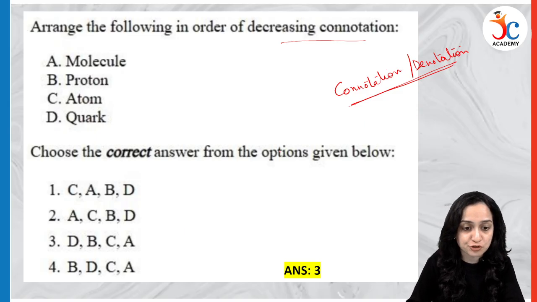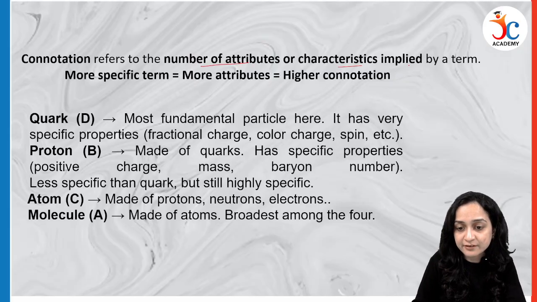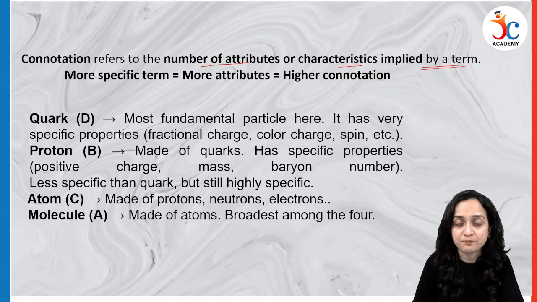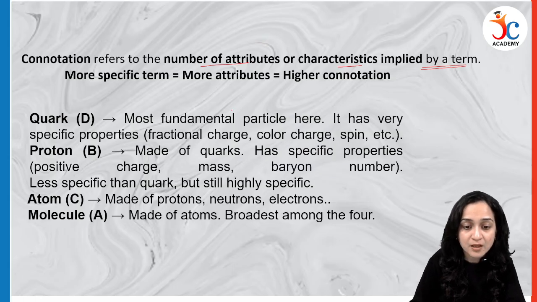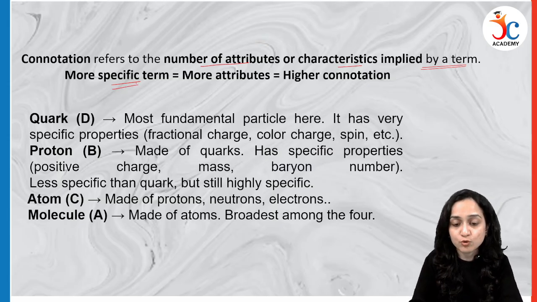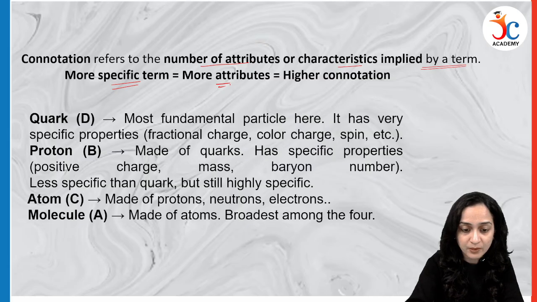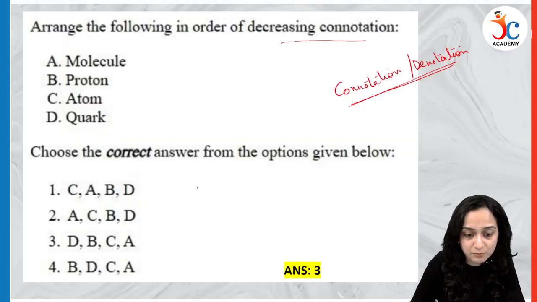Connotation means the number of attributes or characteristics a term possesses. एक टर्म की जितनी कैरेक्टरिस्टिक्स हैं या उसके जितने एट्रीब्यूट्स हैं वो उसकी कॉनोटेशन डिफाइन करती है. अब जो भी टर्म है वो जितनी ज्यादा स्पेसिफिक होगी उसका कॉनोटेशन उतना ही ज्यादा हायर होगा और उसके उतने ही ज्यादा एट्रीब्यूट्स होंगे. So for this question, option number 3 will be the correct answer.